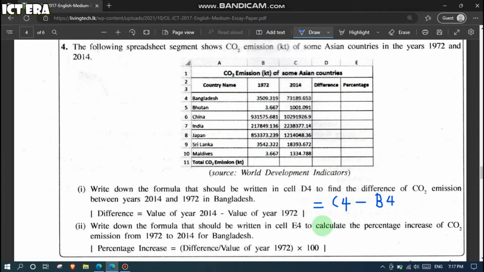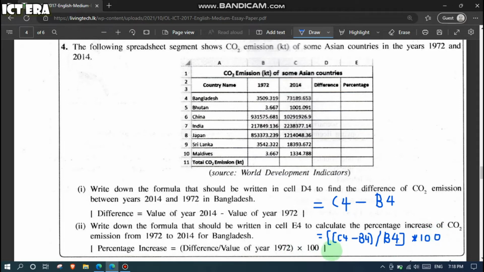So we can represent this in two methods. First method, difference means equal, I will introduce a bracket here, C4 minus B4. Then divide by the value of year 1972, which is again B4. Here I will introduce a square bracket, then times 100.